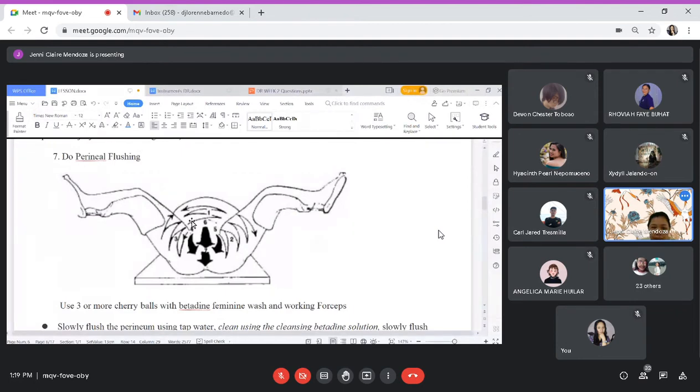And then the second will be on this thigh, or either of the thigh. That will be the second and the third part to clean. And then the fourth and the fifth will be the labia. And then the sixth the vulva. And then seventh the anus.